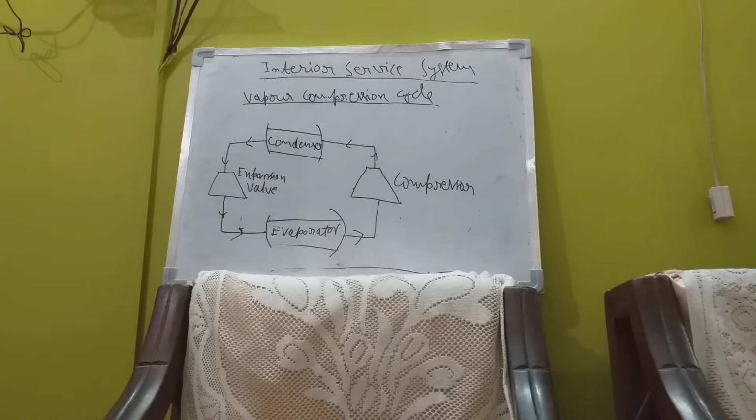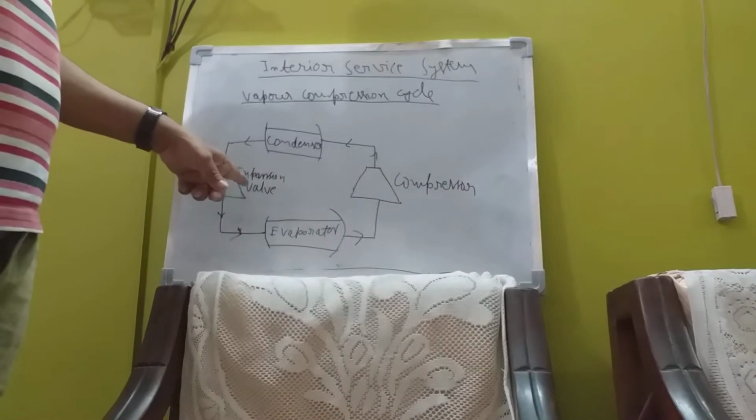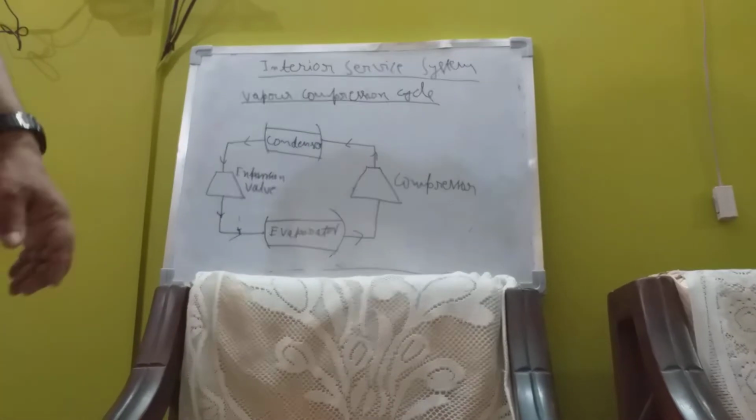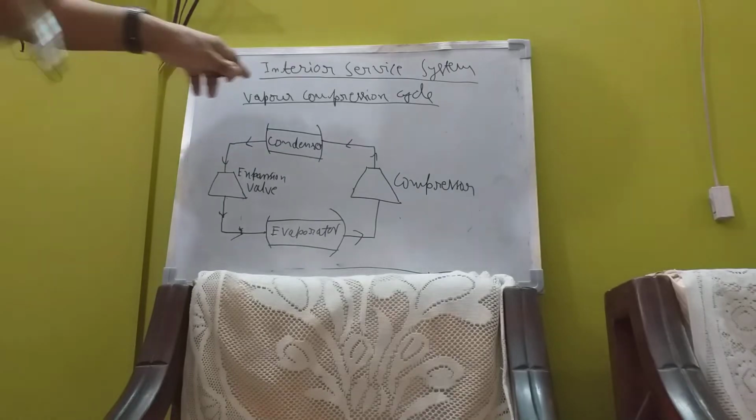This is the cycle I am going to present in front of you. This is expansion valve, this is evaporator, this is compressor, this is condenser. This whole cycle is called vapor compression cycle.